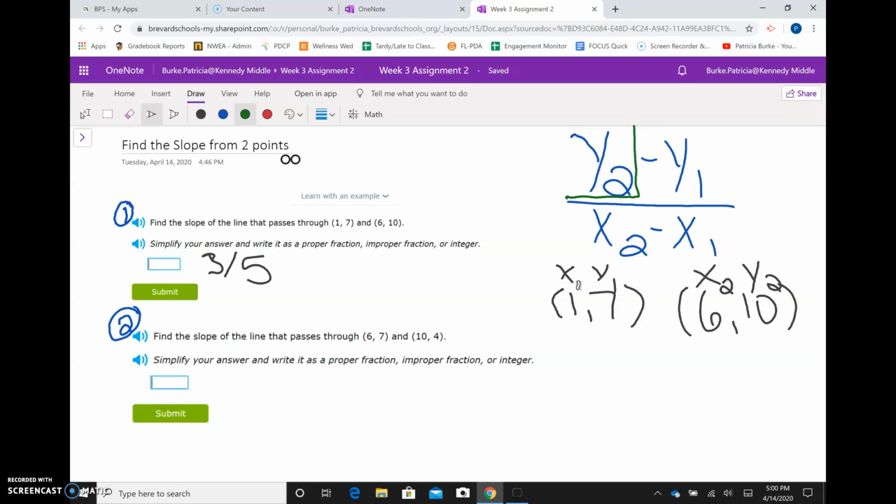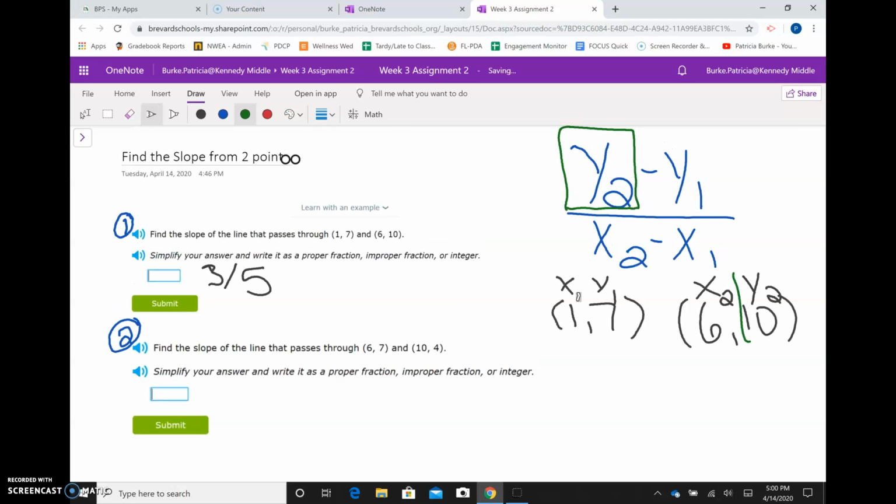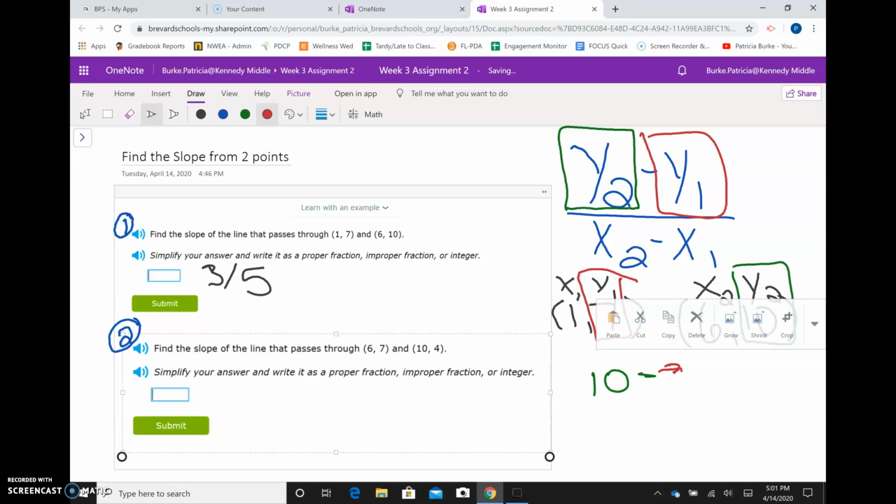Now let's fill in our formula. So our y2, well look, that's 10. We are going to subtract y1, and our y1 is 7.